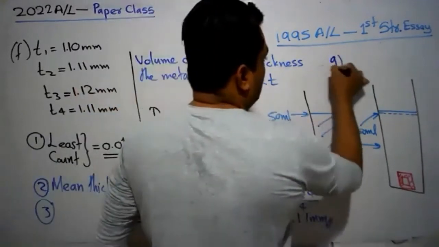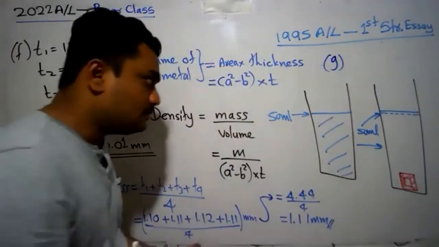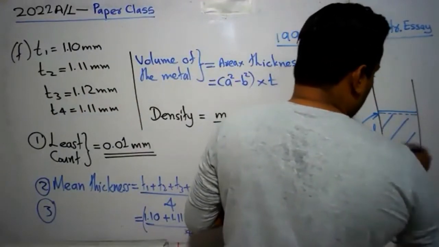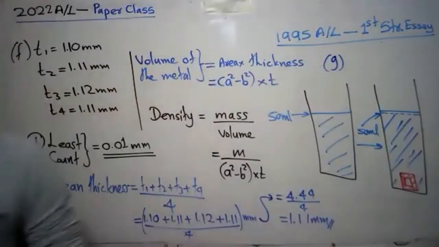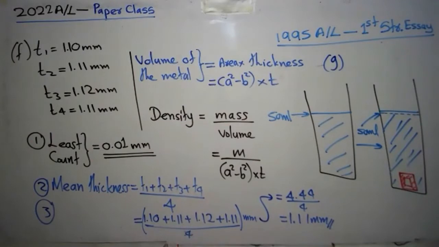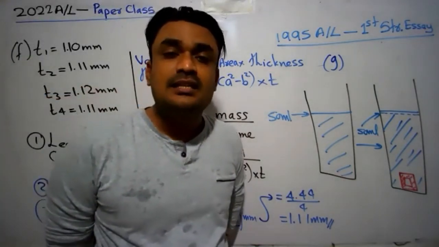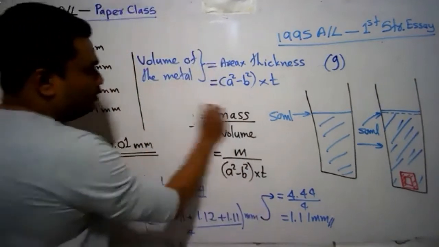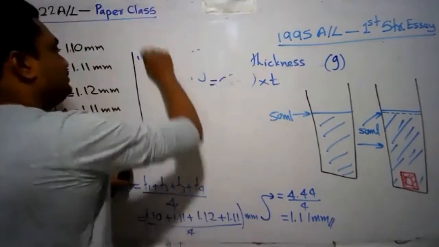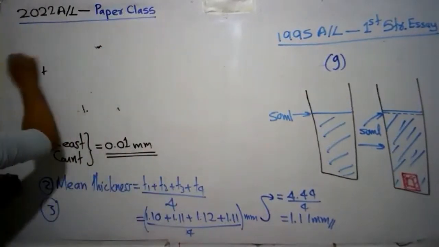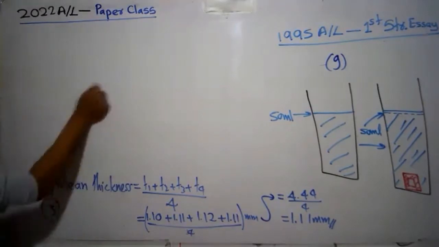Number 4, please write the answer for part G. The volume of the metal sheet is very small.